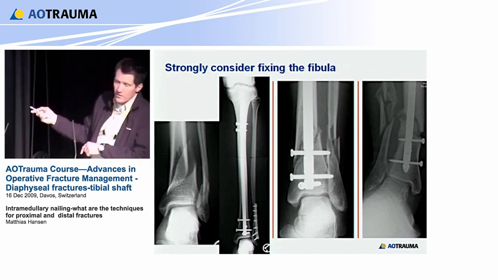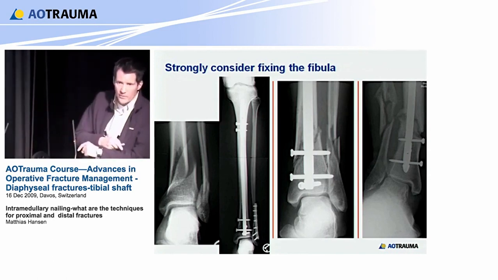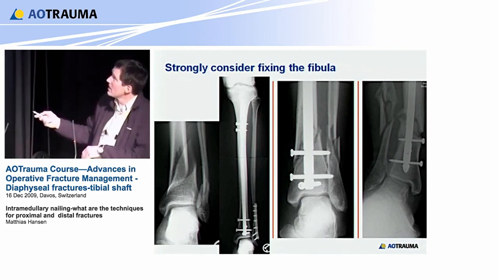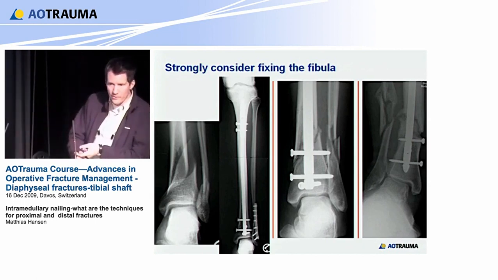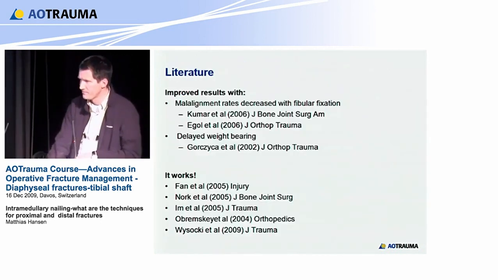Once you have a malalignment, primary or secondary, and a nail that is not sufficient for stability, you will run into further problems in the further course of the treatment. So in these cases, consider fibular fixation as primary reduction aid or as secondary stabilizer of your osteosynthesis.